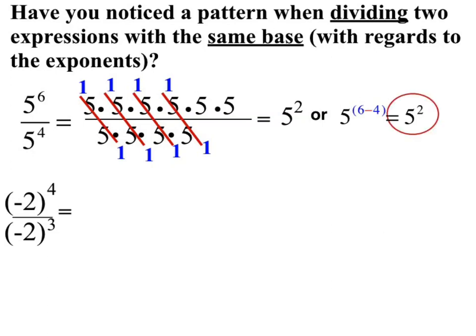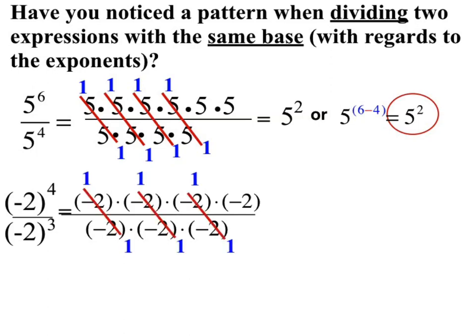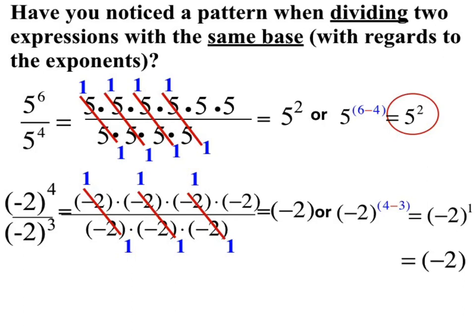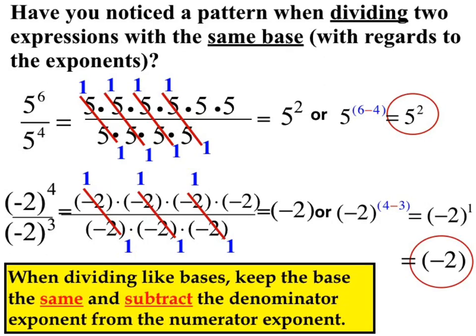Now remember, these rules only are applied if the base happens to be the same. Same thing in this one. The bases are the same, so if we subtract the exponents, we get to the fact that this is really negative 2 in parentheses to the 1st power. So when dividing like bases, keep the base the same and subtract the denominator exponent from the numerator exponent. In other words, numerator exponent minus denominator exponent.